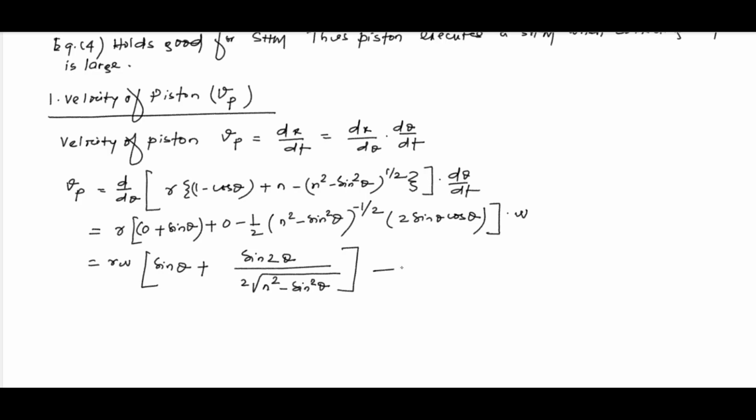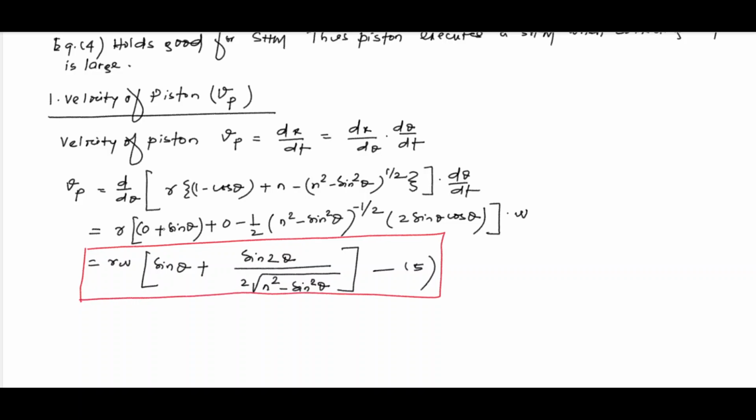So this is equation 5. So this equation gives us the velocity of piston.